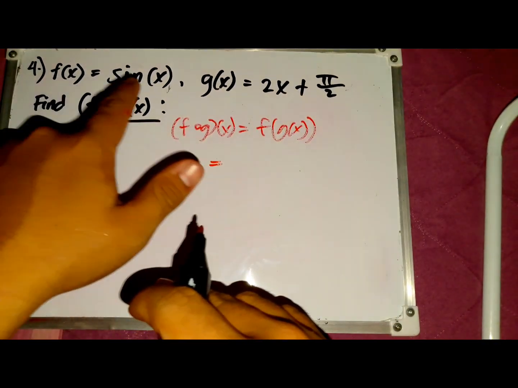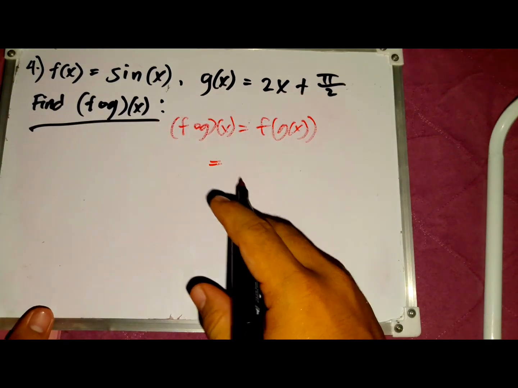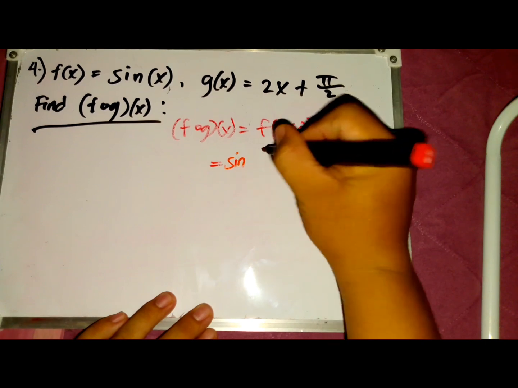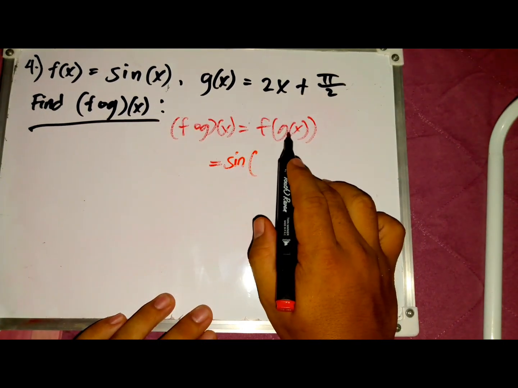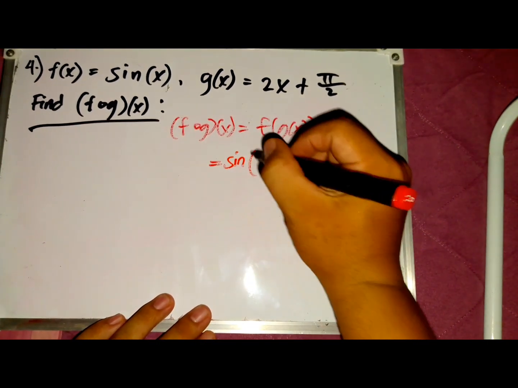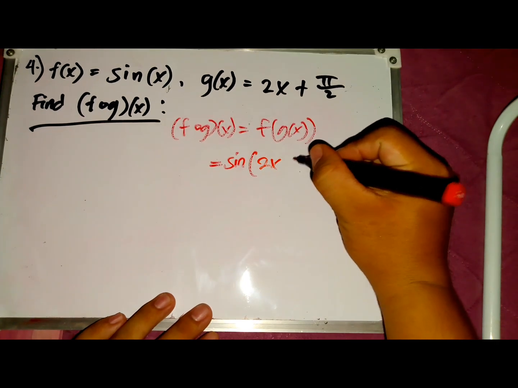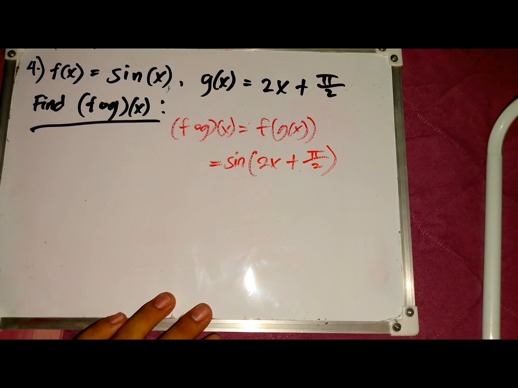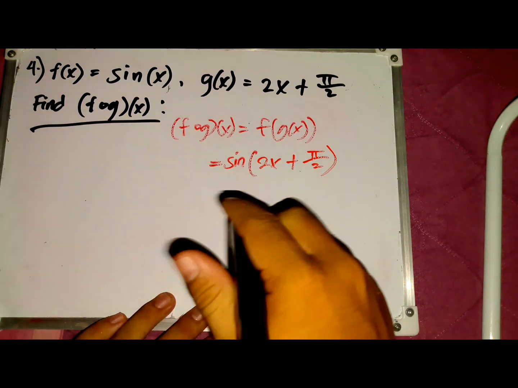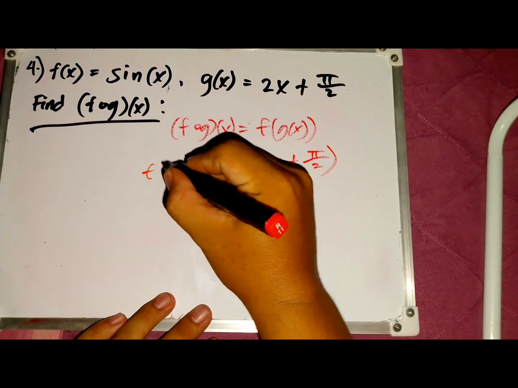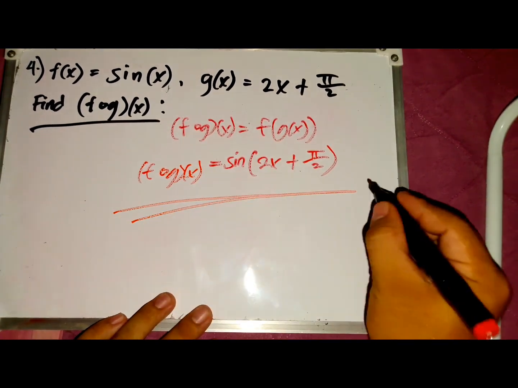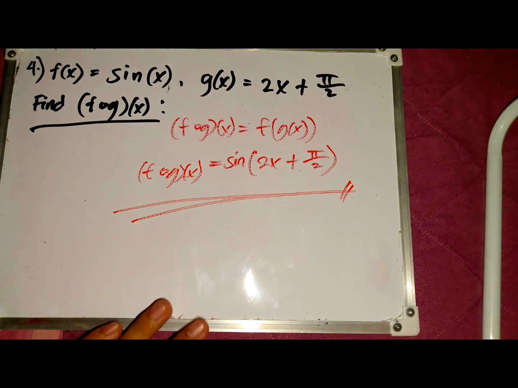The f is sine x, so we put g of x in place of x. So sine stays, then the value of g of x is 2x plus pi over 2. So the answer of our f composed of g of x is sine of 2x plus pi over 2.